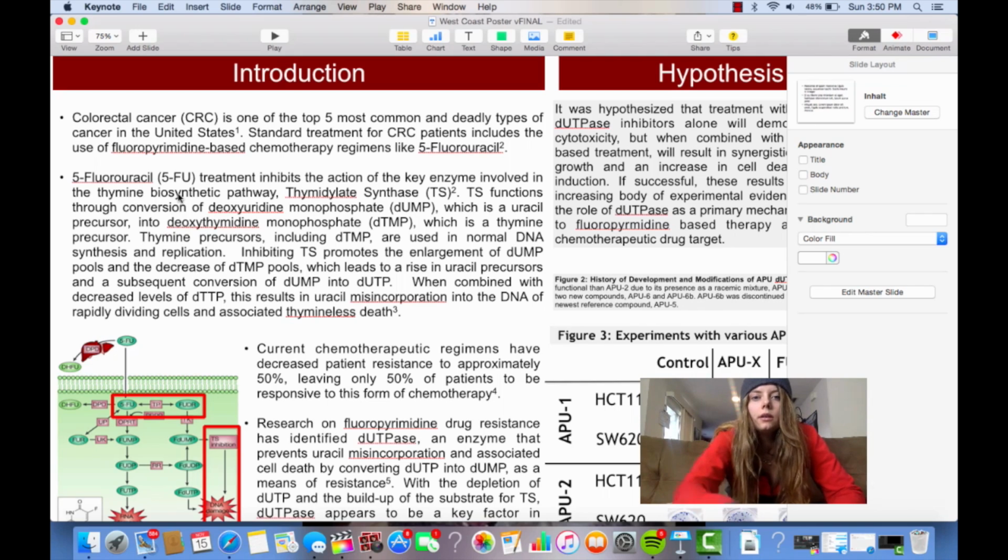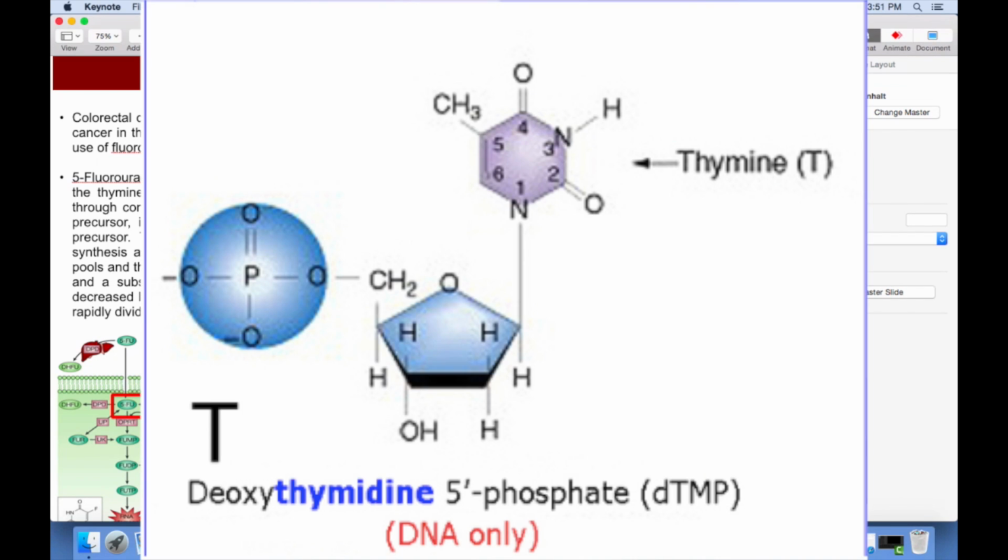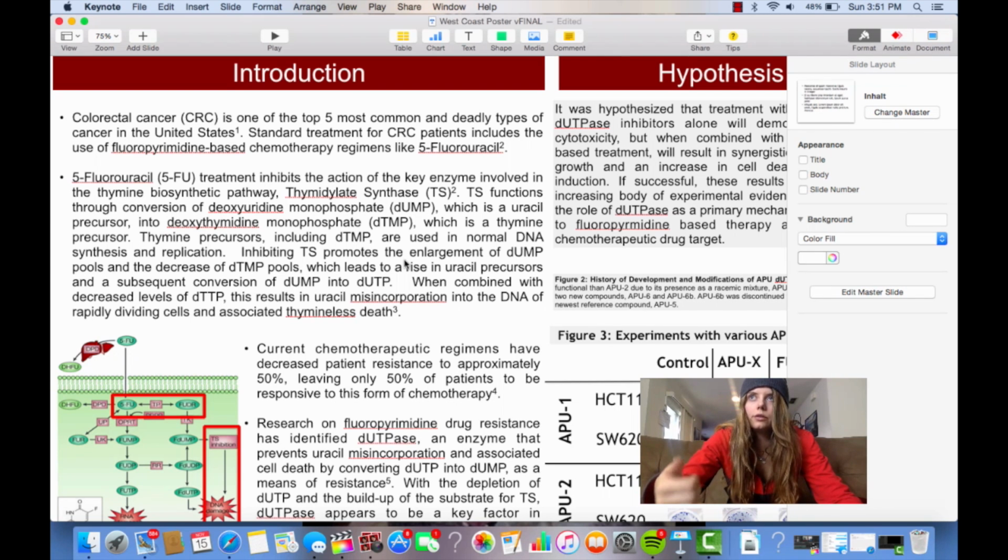Now the dTMP, this right here, is subsequently phosphorylated to create thymine. Thymine is one of the nucleotides common in DNA. You'll recognize that if you've taken a basic biology course. There's G, A, C, T. Guanine, adenine, thymine, cytosine. Those make up DNA.